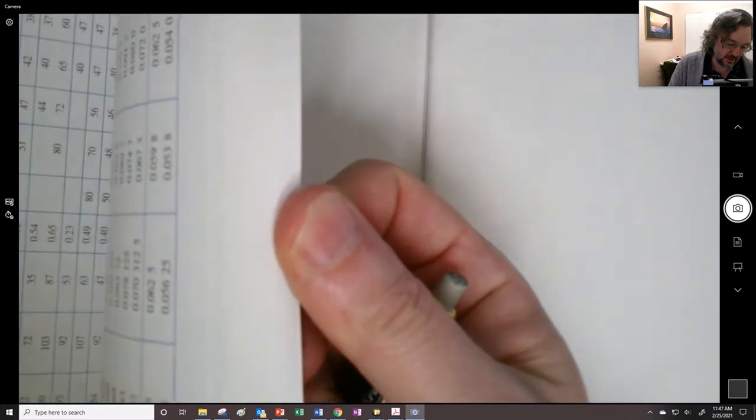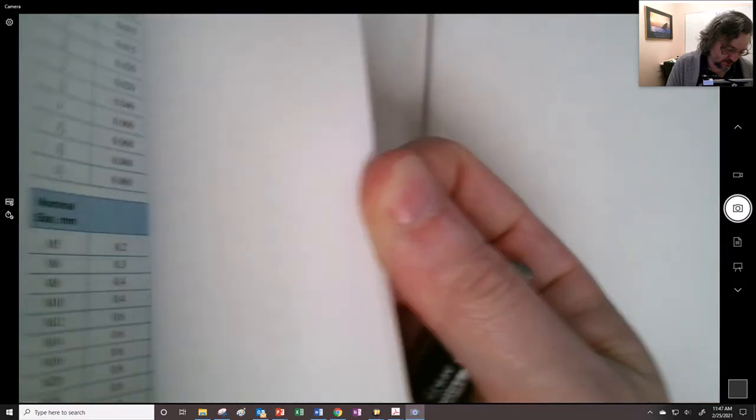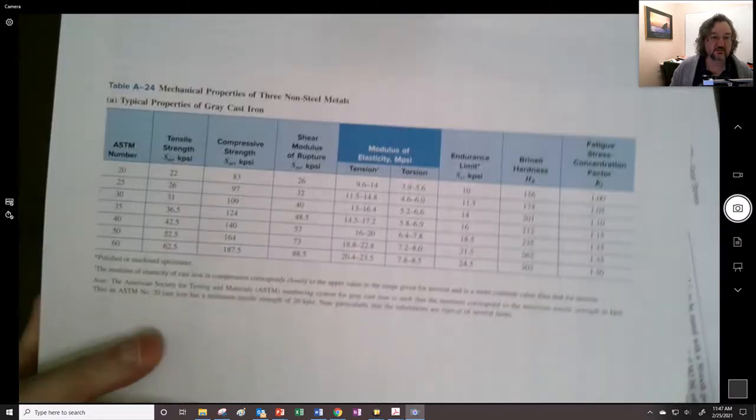It's in the tables, I think A20, and they might have changed some of these with this edition. I don't know. Decimal equivalents for wire, stochastic yield and ultimate. Here you go. Here's cast iron right there.